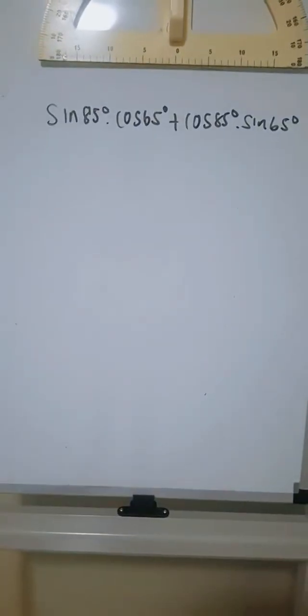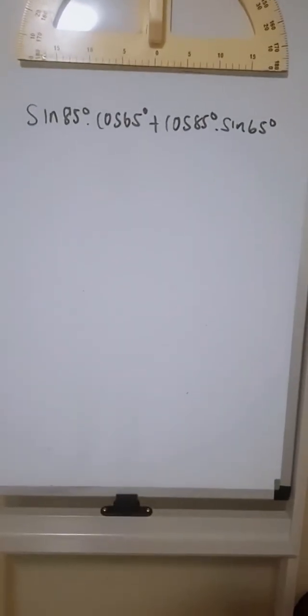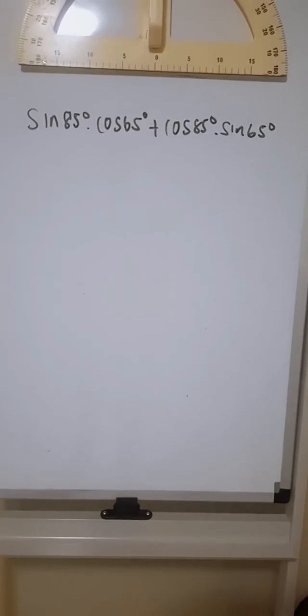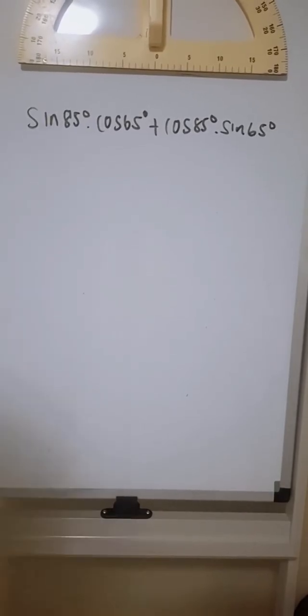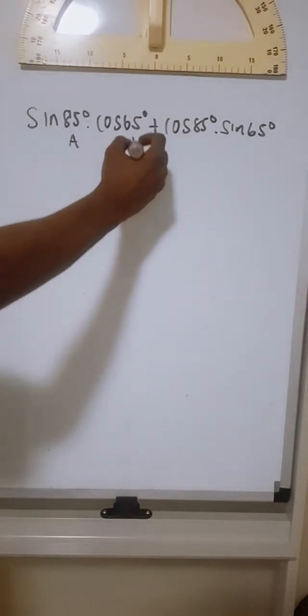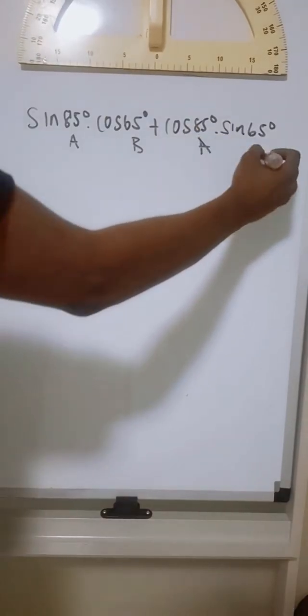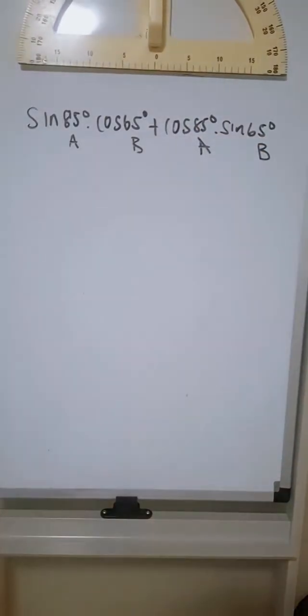This thing does not want anything but your knowledge of compound angles. So hopefully your compound angles you know very well. On your formula sheet, this would be A, B.